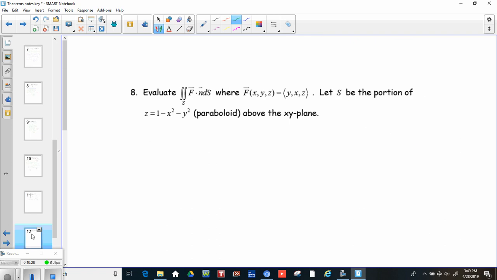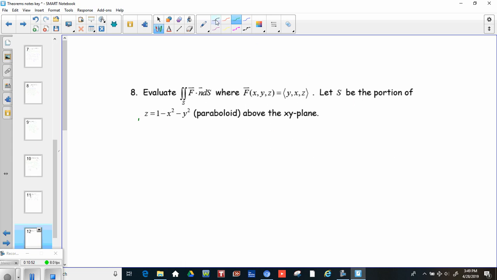All right, last problem. So this one's a little bit different, and there's a reason I'm showing this one. We want to evaluate, as you can see, over a surface of f dot n dS. So this is going to be some kind of a surface integral where f is defined as yxz. We want to let S be the portion of this paraboloid above the xy plane.